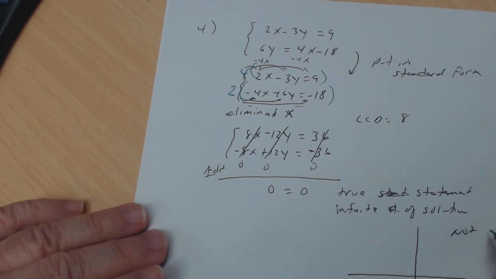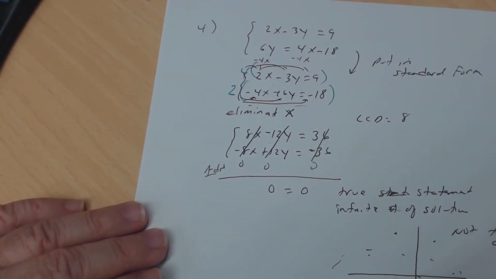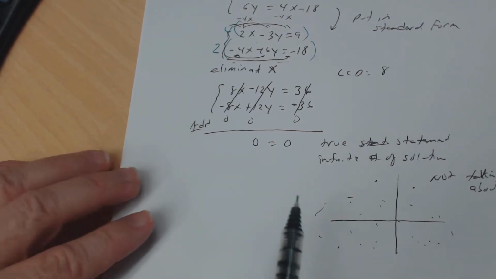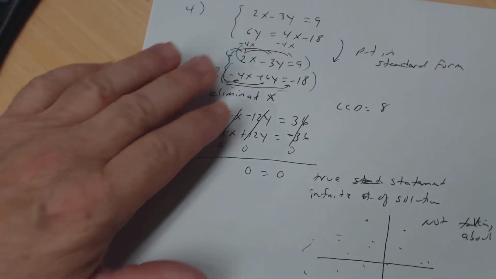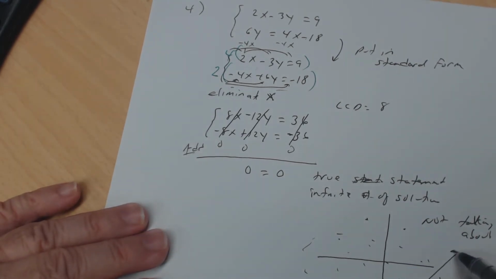I am not talking about this. Every point in a plane is a solution. That's not true. Those are not all solutions. That's not what I'm saying. Remember, if you graph these lines, and I don't know what the lines are going to look like, but let's suppose that these are my lines right here. They overlap.